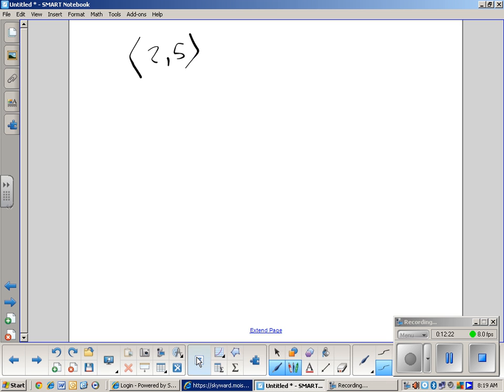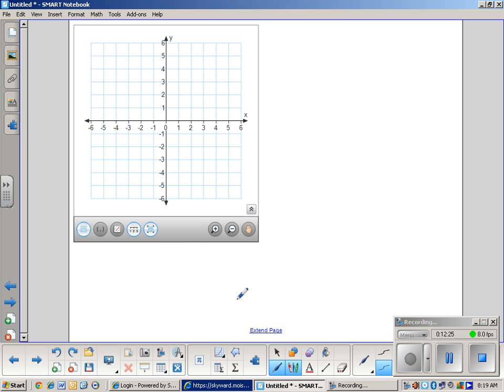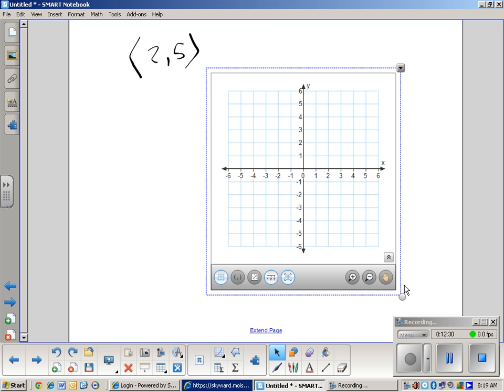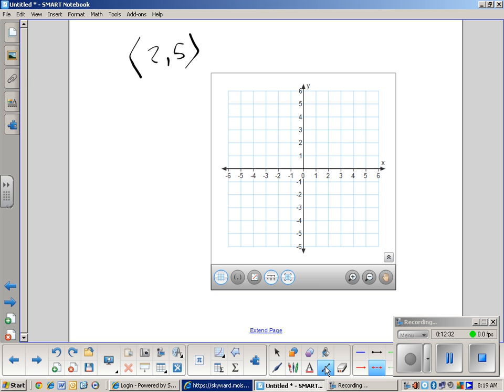On the coordinate plane, that would be that vector right there, starting at the origin and ending at the ordered pair 2, 5. Okay? That is our vector 2, 5.